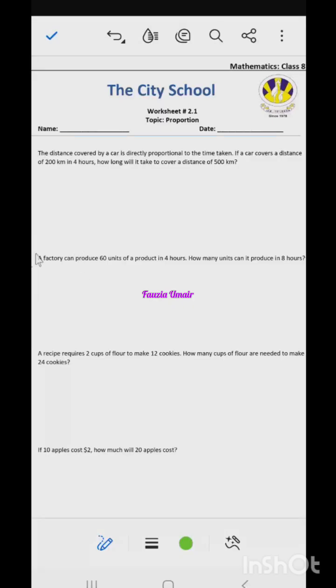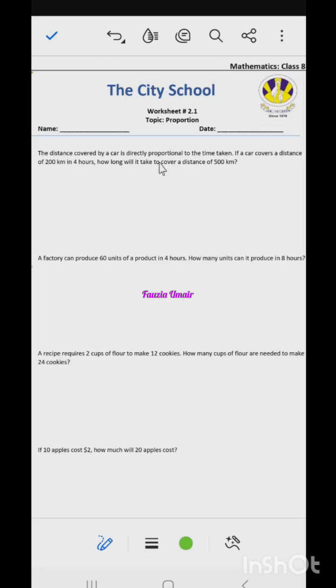We will never use the unitary method. You have to remember this. Students make mistakes with the unitary method because it can be applied on direct proportion questions, but on inverse proportion questions it cannot be applied. So we will not use the unitary method in this topic. Rather, we will follow the method I am going to explain right now.